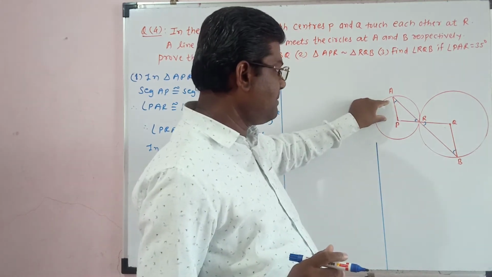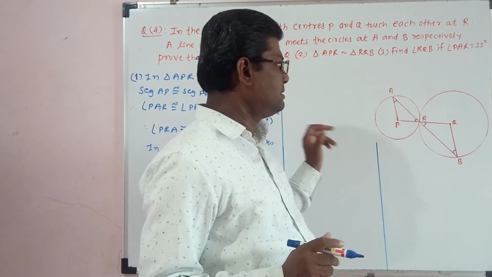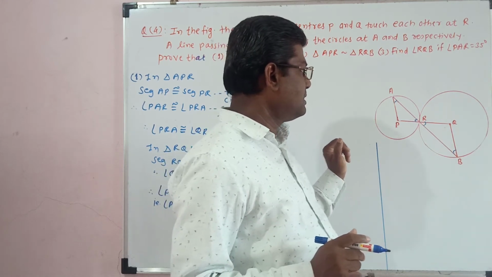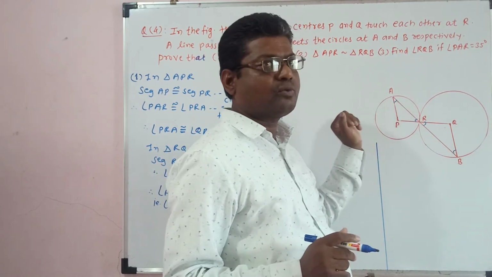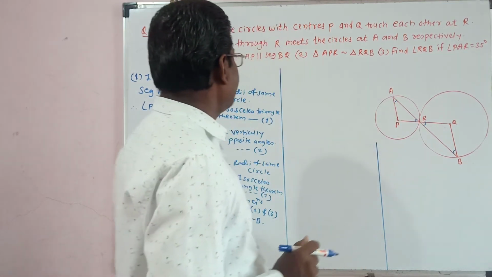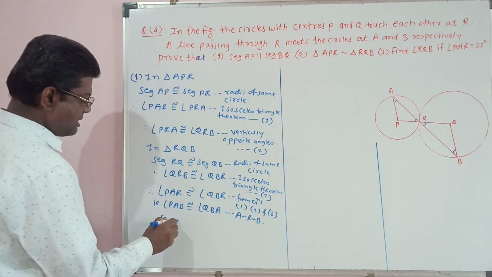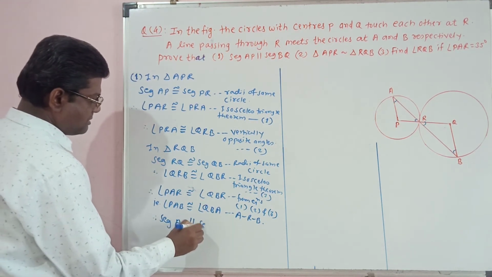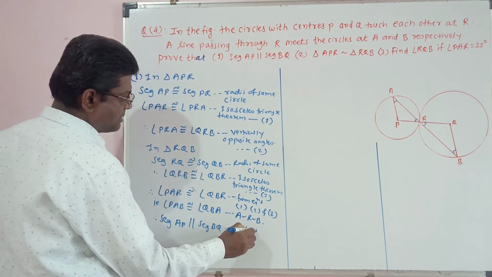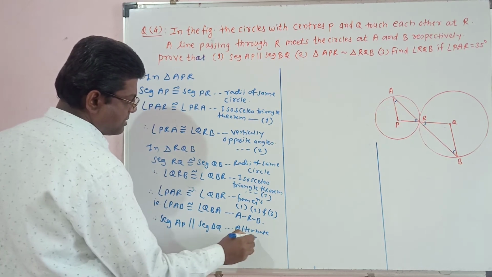If AP is parallel to BQ and AB is a transversal, then these two angles are alternate angles. As these two angles are congruent, segment AP is parallel to segment BQ. Reason is alternate angle test.